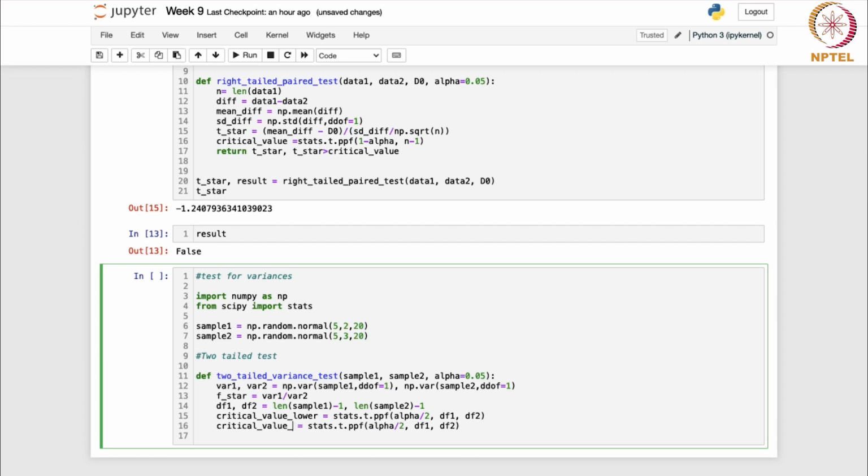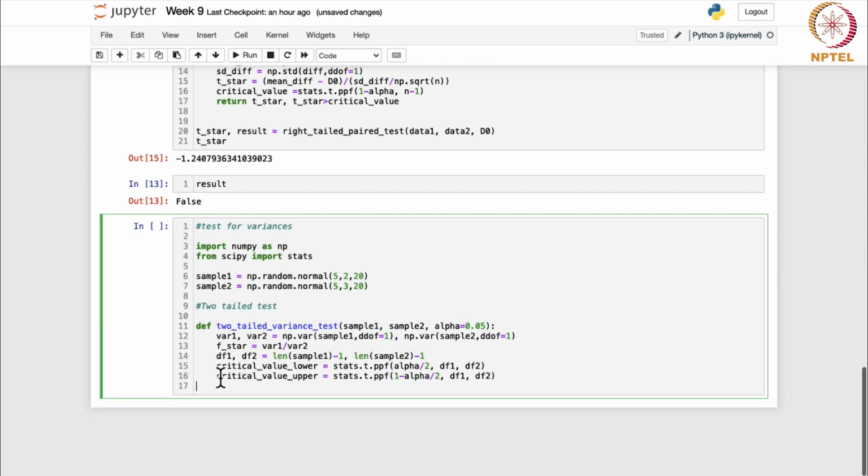Upper tail here would be 1 minus alpha by 2, okay, and it will be returning F star, and it will compare if F star is less than or equal to the lower critical value, or F star is greater than or equal to the upper critical value, right?